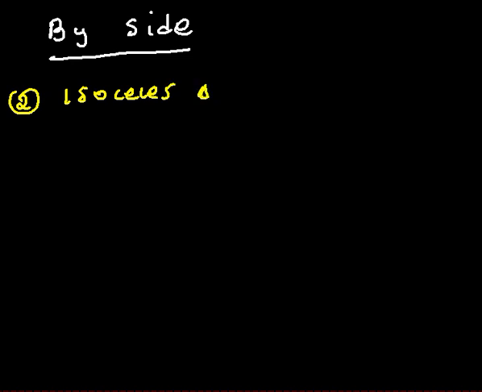So what do you think an isosceles triangle is? The isosceles triangle is the triangle that has 2 similar sides. That is what we call an isosceles triangle. So it can look like this. So as long as 2 sides are the same, that is what we call an isosceles triangle.